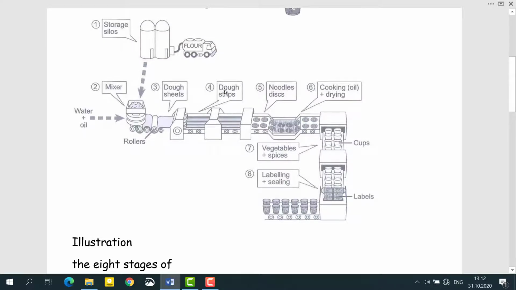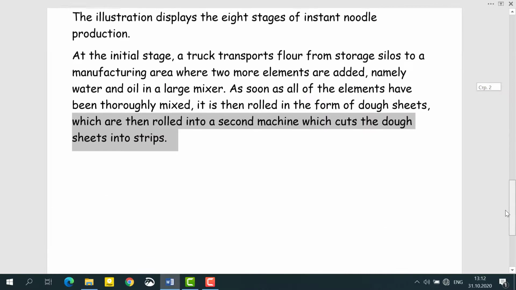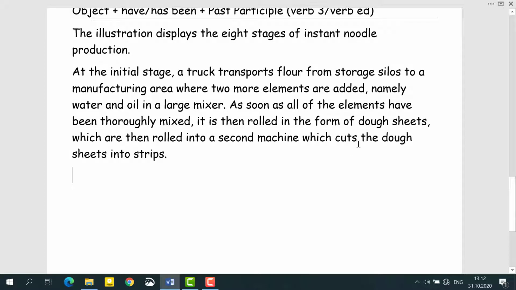Okay, here we have dough strips, which we have just described. Now, pay attention to this part, which cuts the dough sheets, because we have already mentioned dough sheets here, and we're talking about those sheets again, and therefore we need to use the definite article: the sheets into strips. Okay, and remember, roll into something.